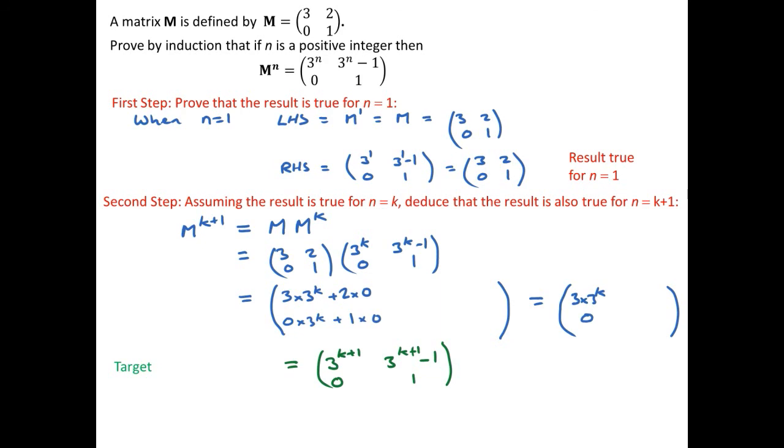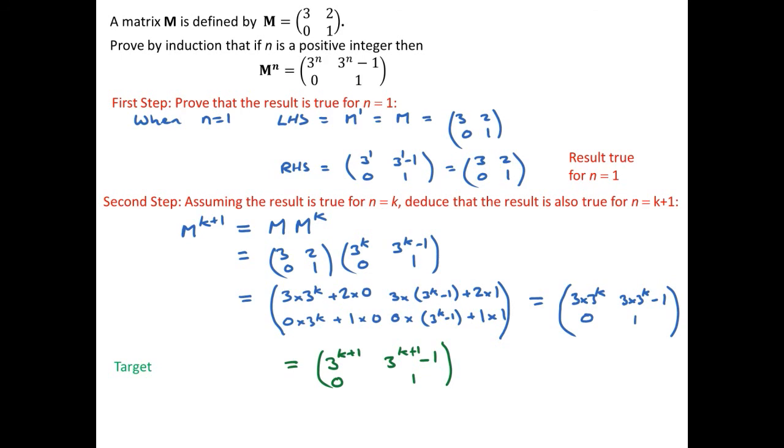The top right hand entry is going to be 3 times (3 to the k take away 1), add 2 times 1. Multiplying that out, I've got 3 times 3 to the k, take away 3, add 2. In other words, 3 times 3 to the k, take away 1. And the bottom right hand entry is going to be 0 times (3 to the k minus 1), add 1 times 1, which simplifies just to 1.